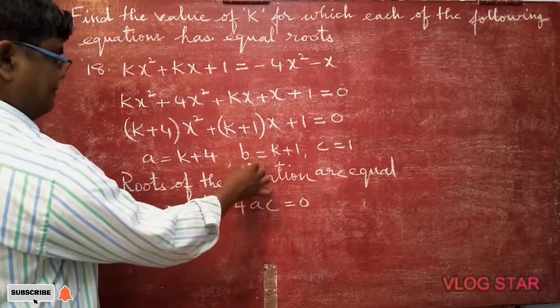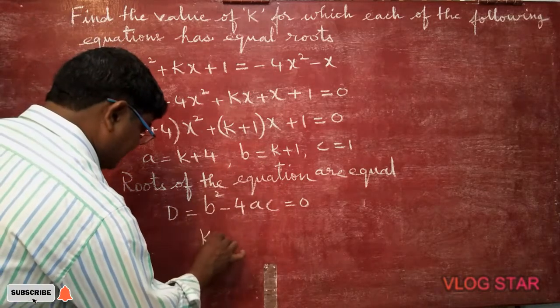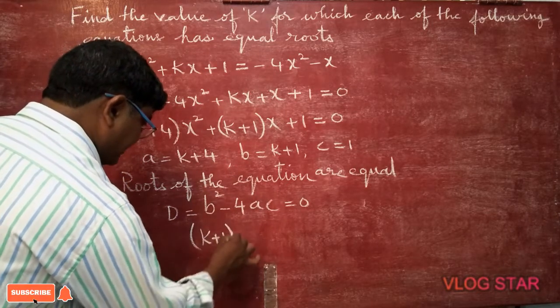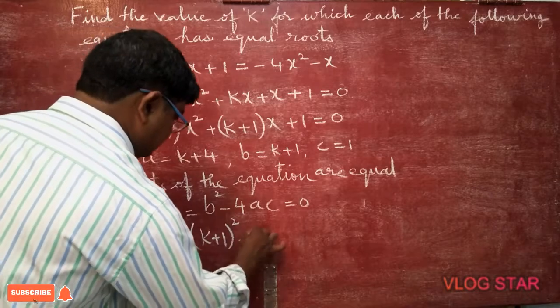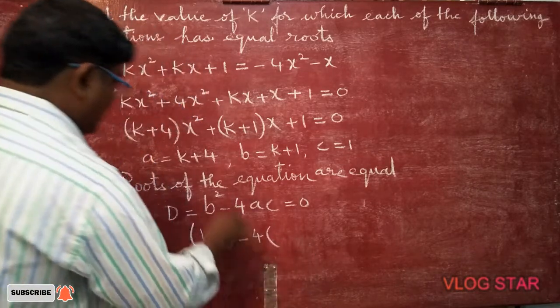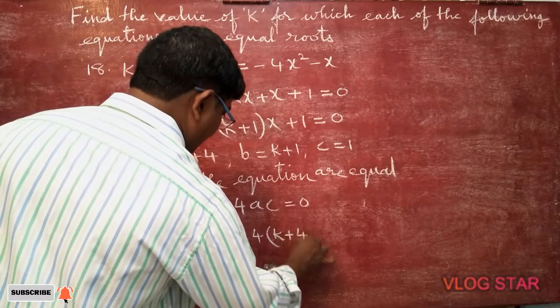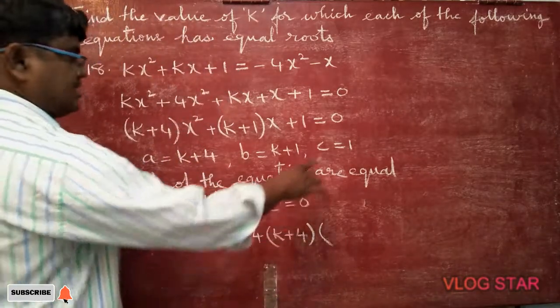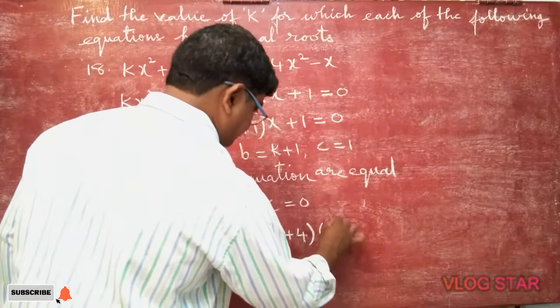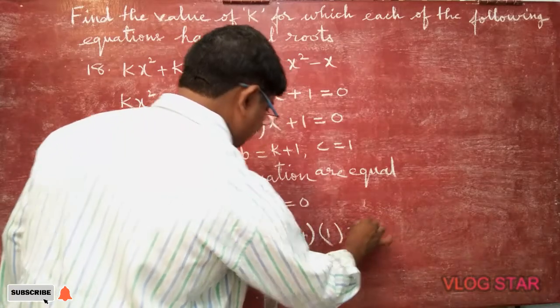What is b? (k plus 1) whole square minus 4 into what is a? k plus 4 into c. What is c? 1, is equal to 0.